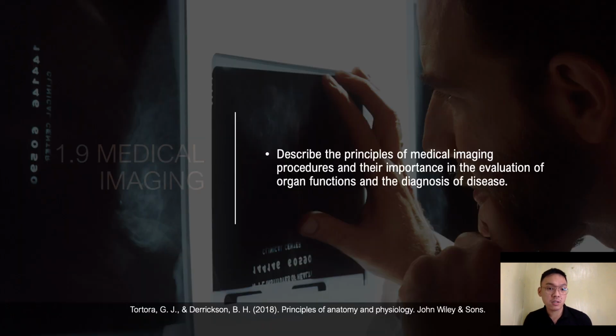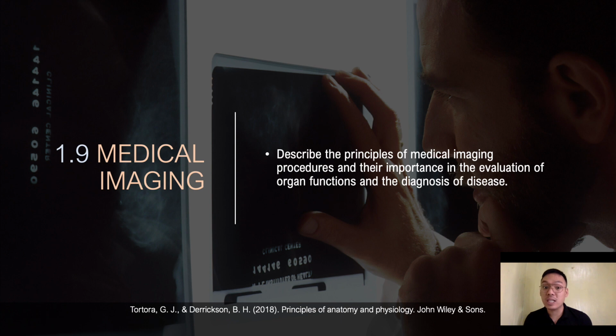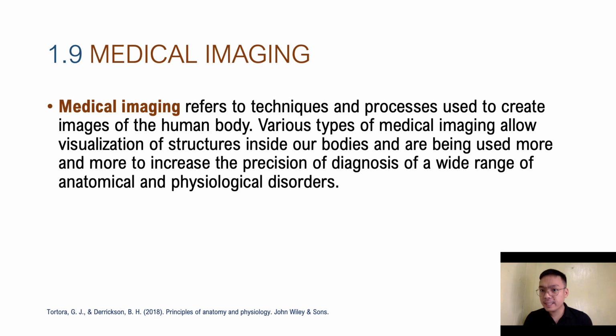The technologies which are being used in medical imaging. In describing the principles of medical imaging and procedures and their importance in the evaluation of organ functions and the diagnosis of diseases. Now, what's medical imaging? Medical imaging refers to the techniques and processes used to create images of your human body.